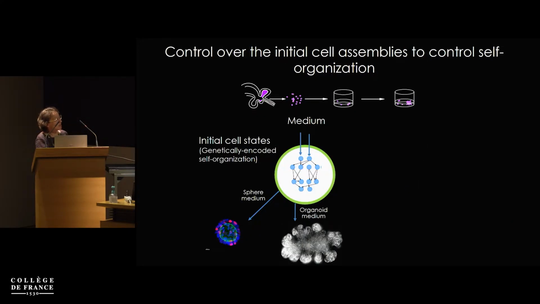So how does the system behave? How does it self-organize? I just told you that there's some control exerted by what you put in the medium. But it also responds according to its state. If we take the pancreas progenitors at 10.5 or 11.5 of development, they form these two types of structure according to the medium.